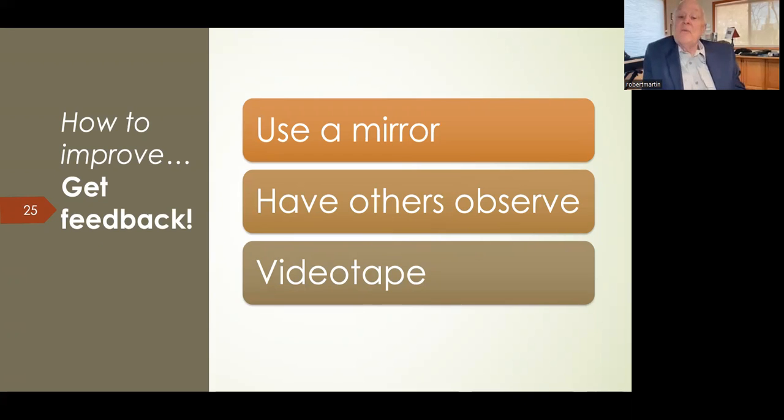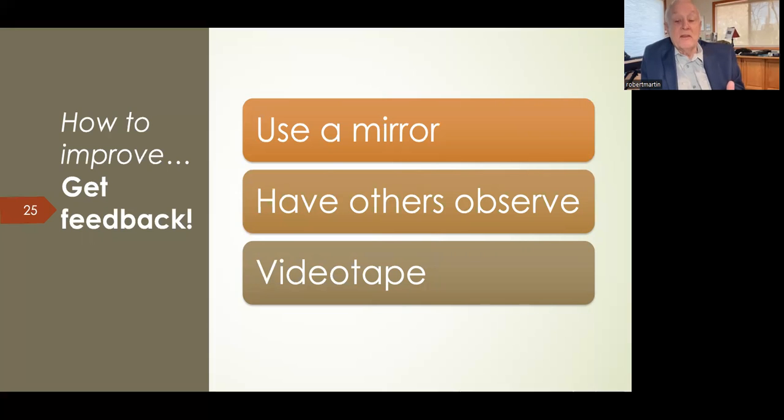So how do you improve? Well, none of these things are comfortable that I'm going to put up. I've used all of them. One is to use a mirror. I actually have a number of mirrors in my music room that I set up so that when we're working on a play I can actually see what I'm looking like. The other is to have others observe. Don't wait for your principal to come in where you're under a lot of pressure.